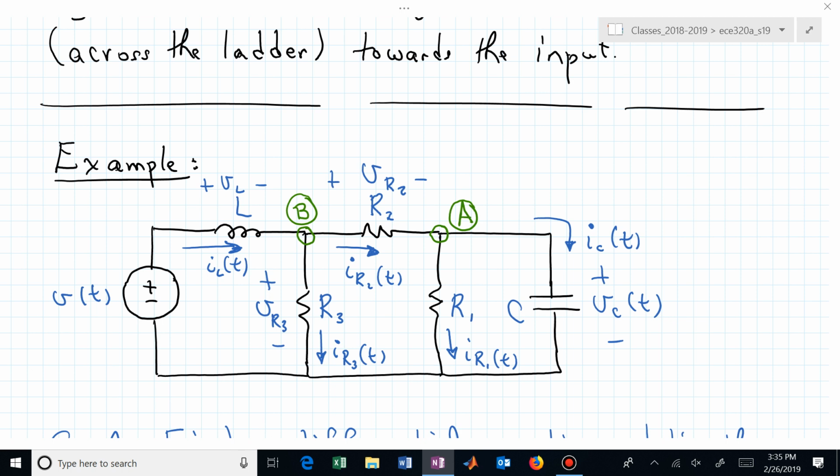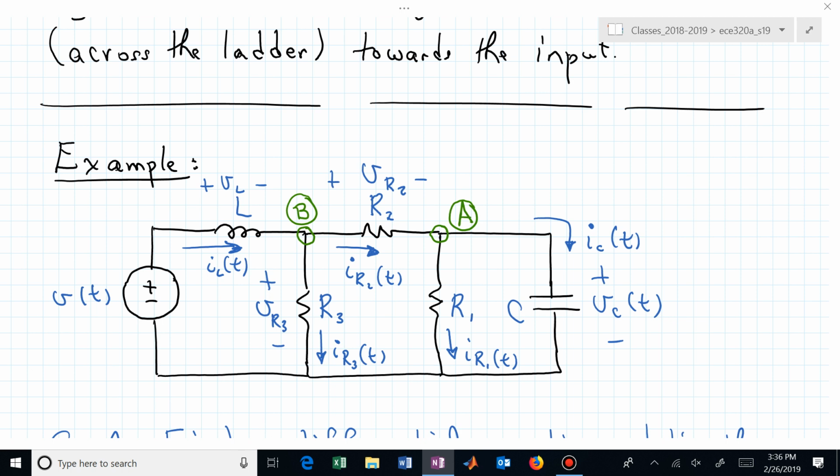How big of a differential equation? By that I mean, what's the order of the differential equation you would anticipate arising from this circuit? I've colored it a lot of different ways, but hopefully, based on what we've talked about so far this semester, you have a clue as to what the order of that differential equation will be.